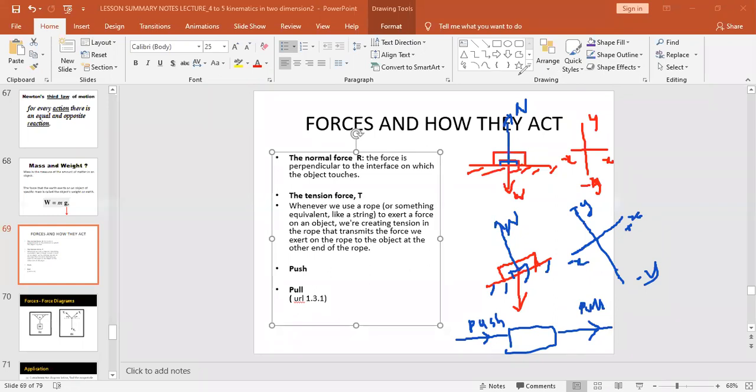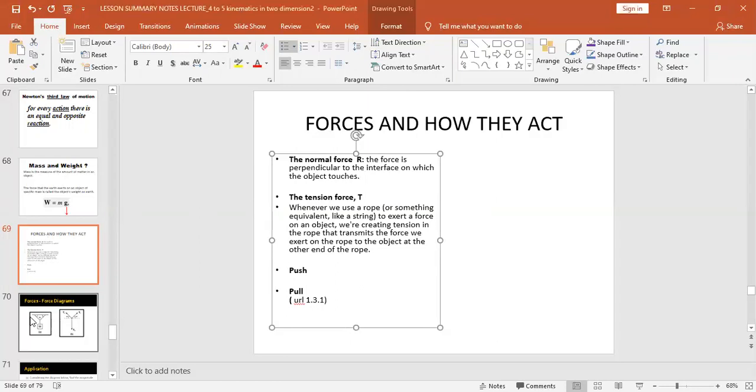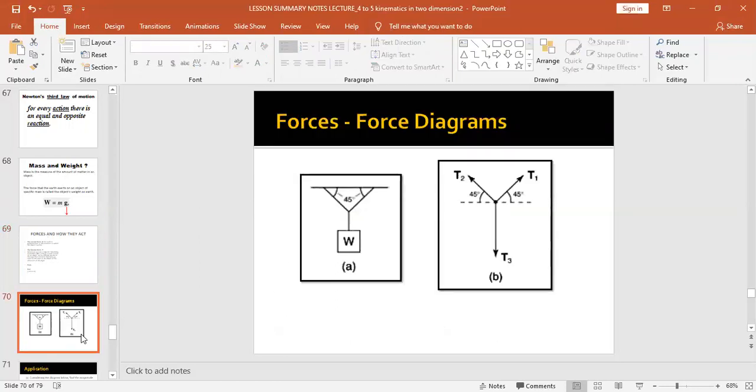Now, moving on, we have some applications here in force diagrams. When we talk about force diagrams, we are talking about representing only the forces acting in a system. So if it's a tension force like we have in this scenario, you indicate the tensions. This is a rope, this is also another rope, and this is a third rope.